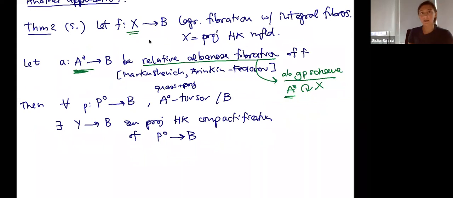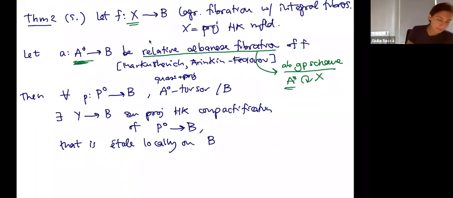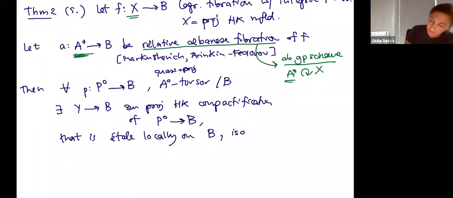So it's not just any torsor, but I want the total space of this torsor to be quasi-projective. There exists Y to B, a smooth projective compactification, and it has the property that, eta locally on the base, it's isomorphic to X over B.